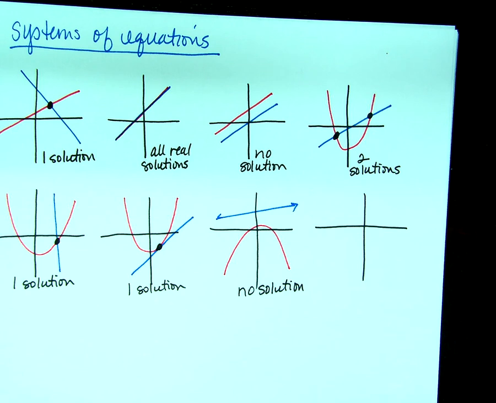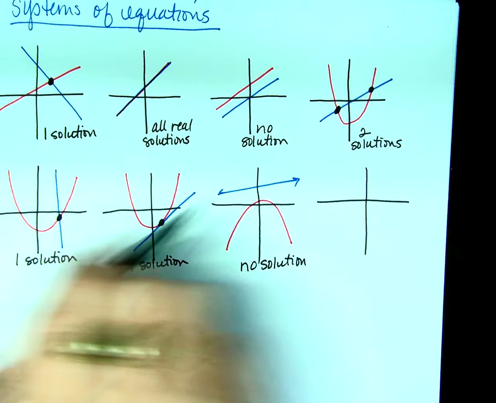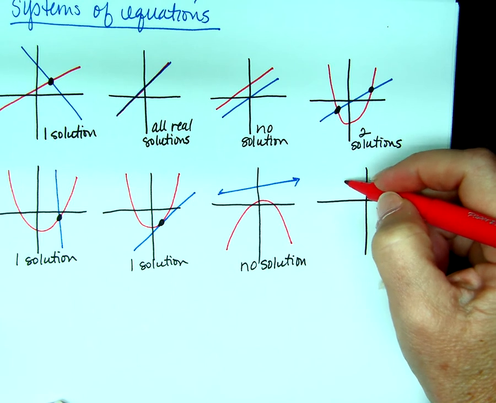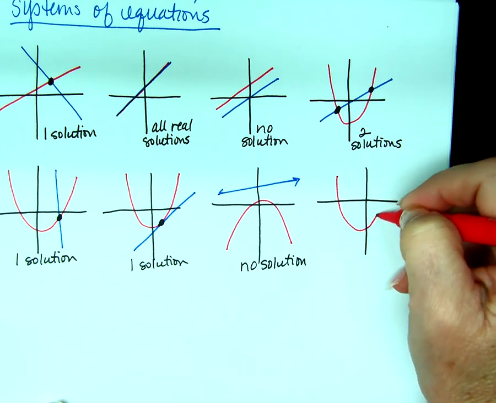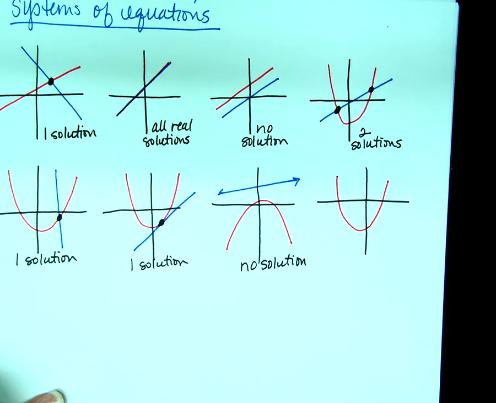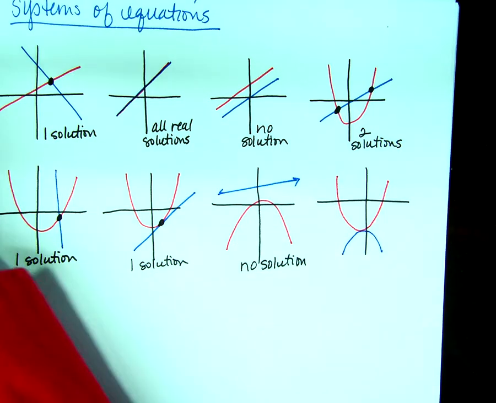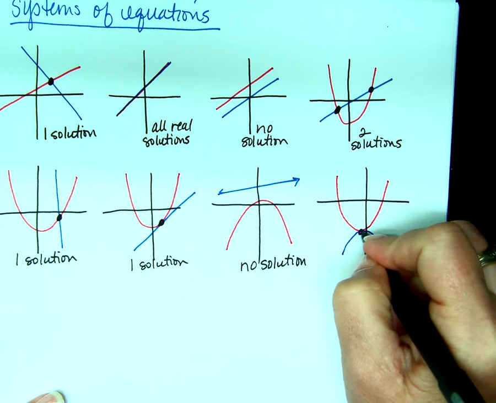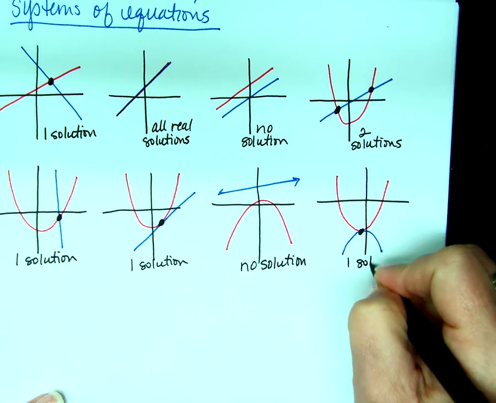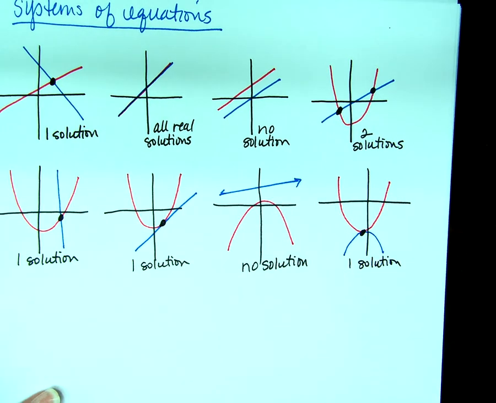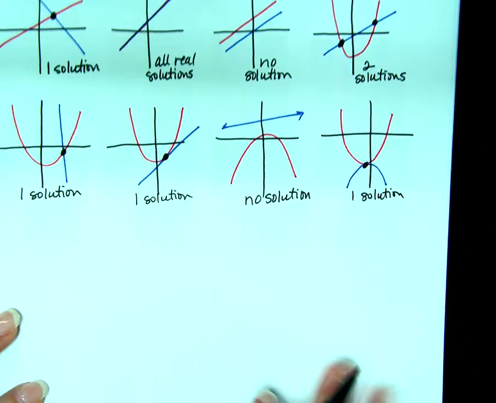Oh my goodness. Okay, so let's start drawing 2 parabolas. What would that look like? How many solutions could I get? One. Okay, so maybe like this. And what would the other one look like? Oh, so just touching at the vertex? Like that? One solution. Is there another possibility for one solution?